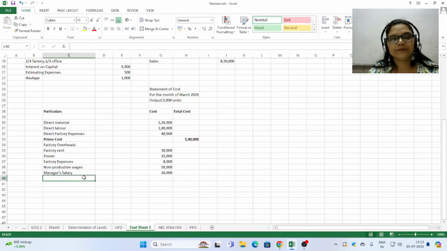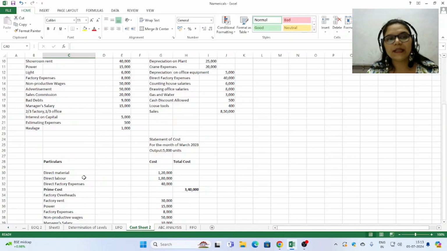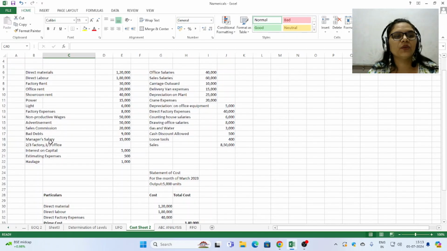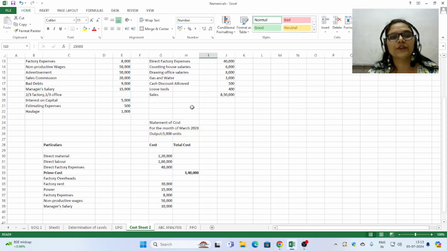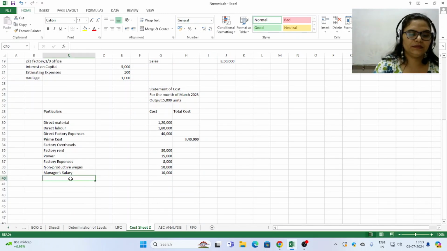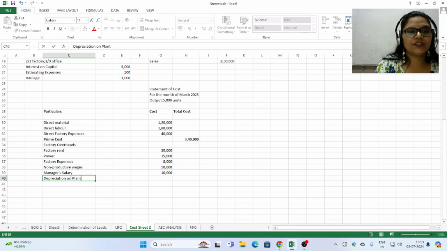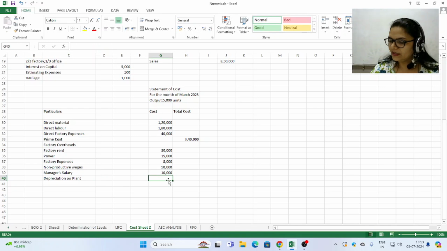Next is depreciation on plant. Plant we know is a part of the factory premises, so any depreciation on factory plant will be a part of your factory overheads. Depreciation on plant will be 25,000.